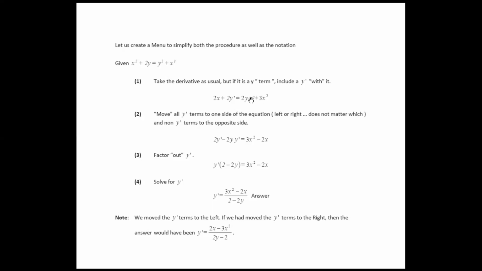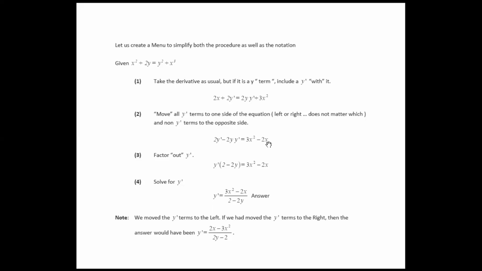Now we're going to get our y primes on one side and our non-y primes on the other side. Now, it really doesn't matter which side you move to which, okay? And we'll talk about that. And it doesn't matter. We'll show you before we finish. We're going to move this quantity over to the left side, okay? And the non-y prime terms over to this side.